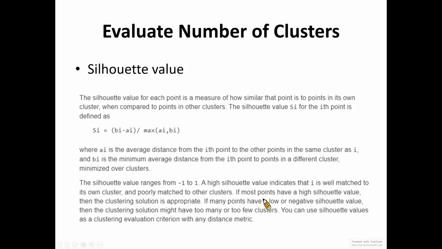For example, last week I showed you that for the psychotic spectrum disorders, for example schizophrenia, bipolar disorder, and schizoaffective disorder, maybe a reasonable hypothesis is that we still want to classify these patients into 3 clusters.